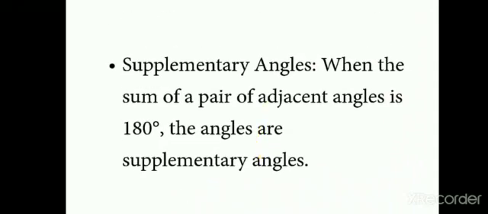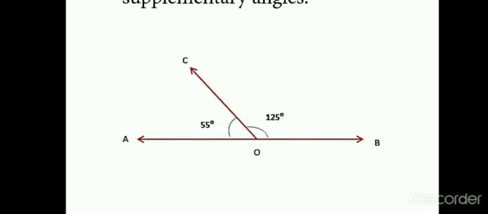Now what are supplementary angles? When the sum of a pair of adjacent angles is 180 degrees, the angles are supplementary angles. See, here you can see there are two angles, AOC and COB, and AOC measures 55 degrees and COB measures 125 degrees, and both angles have the same common point, O, as the vertex.